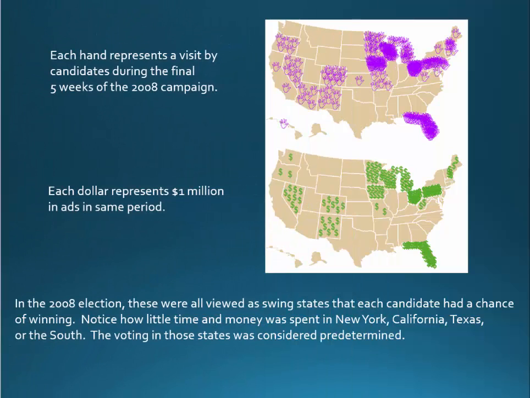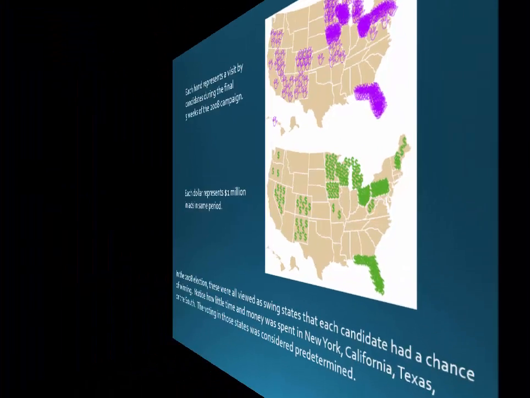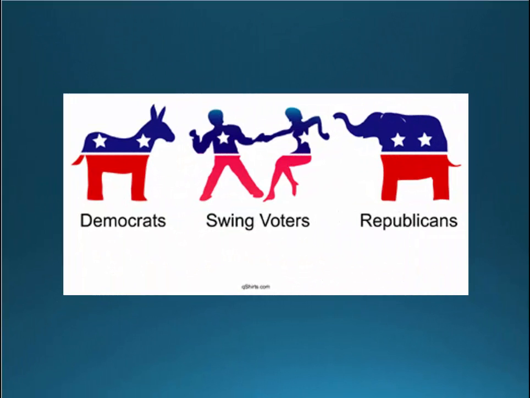As depicted in this slide, swing states are where presidential candidates spend most of their time and money, especially as Election Day approaches. There is also a preset strategy for how to win swing states. Nationally, the U.S. is about 45% Democrat, 45% Republican, and 10% unaffiliated or independent. Each candidate must motivate as many of their own voters or base to actually vote as they possibly can.